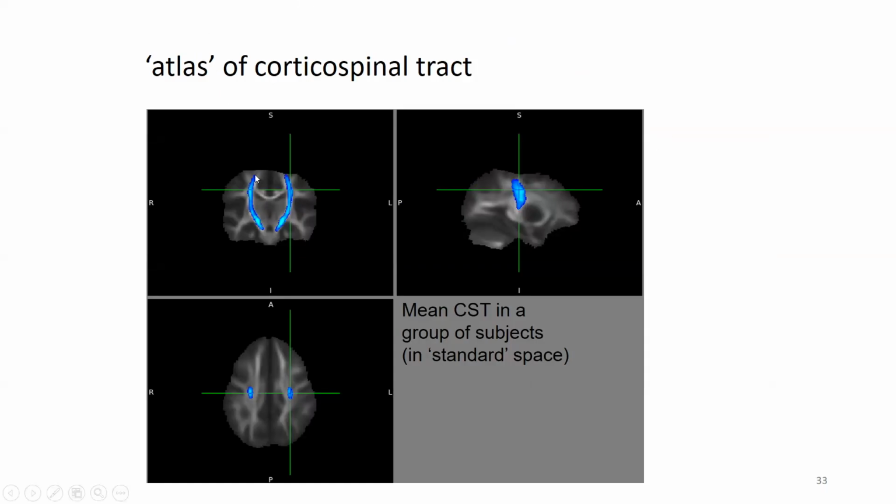But then I can also say, okay, my cortical spinal tract probably goes from top to bottom, which is of course clear. And in this case, light blue is a high probability, so maybe 9 of 10 subjects have the cortical spinal tract over there. And if it's a bit darker, then maybe not all subjects, but most subjects also have it over there.